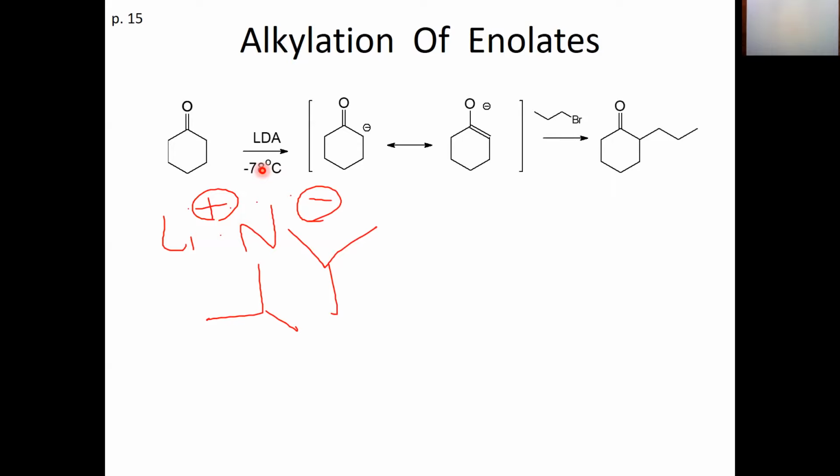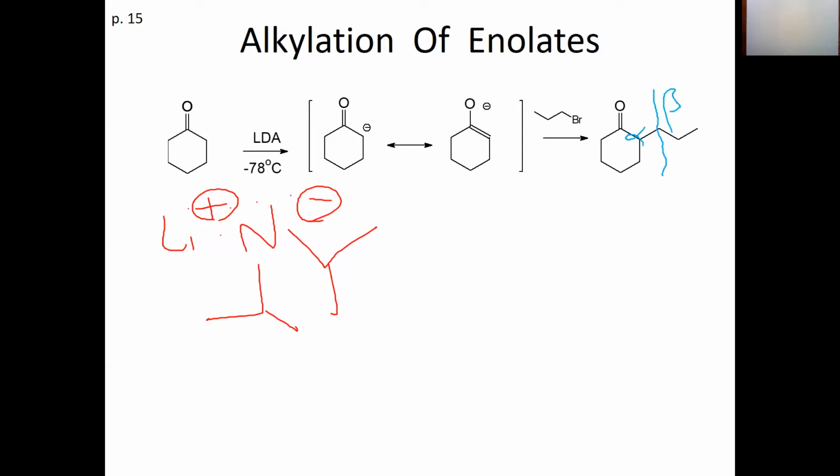But if we add this good SN2 substrate, we get that final product, where we made a brand spanking new alpha beta bond, just like we made alpha beta bonds in the acetoacetic and malonic ester synthesis. But this time we don't have to saponify, acidify, decarboxylate.